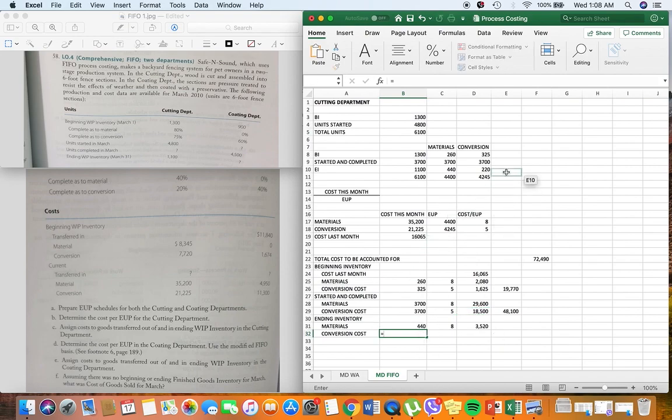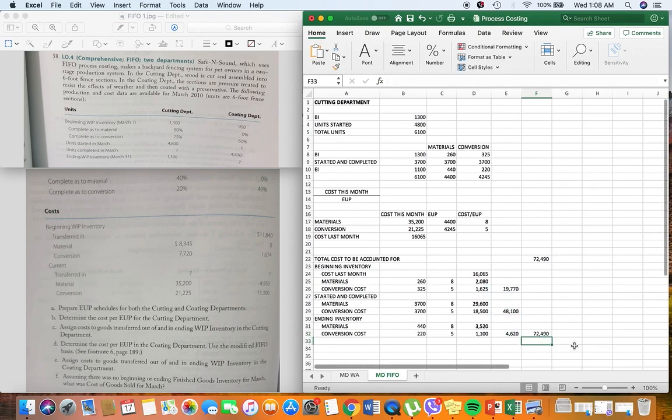And then for conversion, we have an EUP of 220 multiplied by 5. We have a total of 1,100. So the cost of our ending inventory in the cutting department is equal to 4,620. So let us check kung na-account for natin lahat ng units natin.